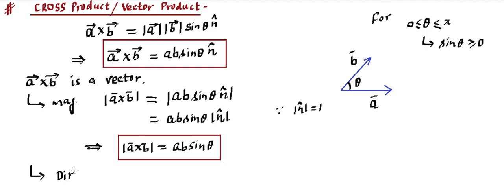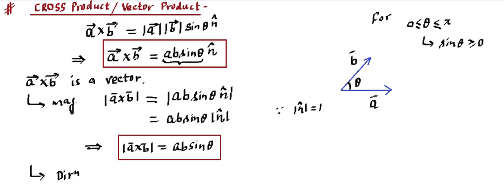So what is the direction of this cross product A cross B going to be? If you look carefully, this is the magnitude and this is the direction. You remember at the very beginning of this vector topic, we talked about how any vector can be written as a magnitude and direction.